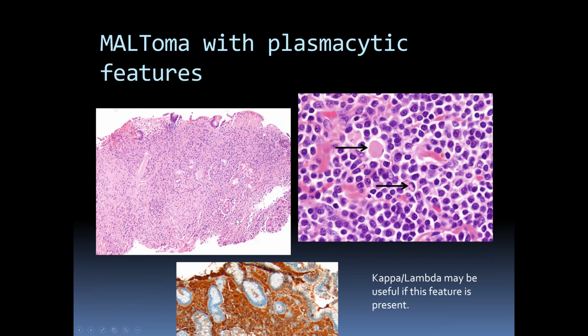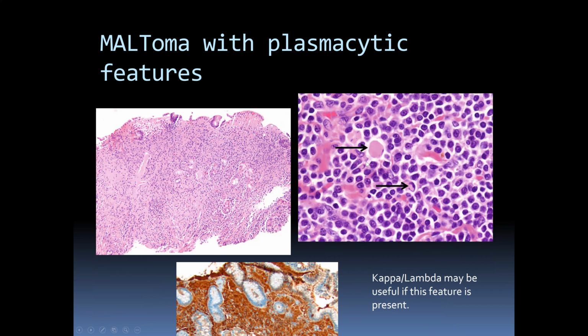You may even have little Russell bodies and so forth. I had a case the other day of Russell body gastritis with lots of these in it that was not clonal, and it was predominantly plasma cells that did not have the MALToma features. But if you have the plasmacytic feature, then sometimes kappa lambda can help you define clonality.